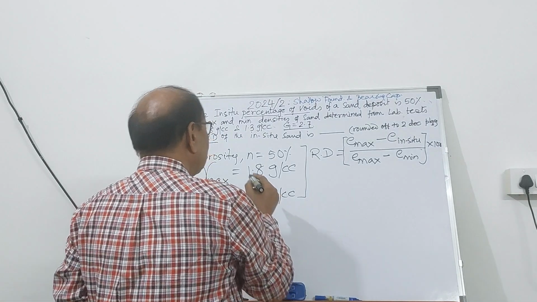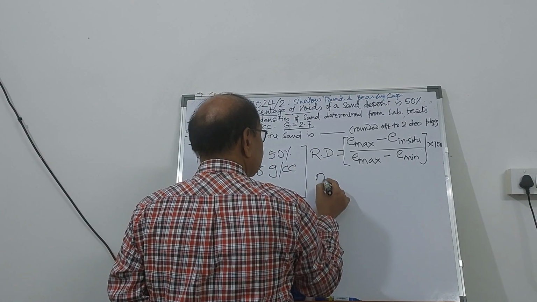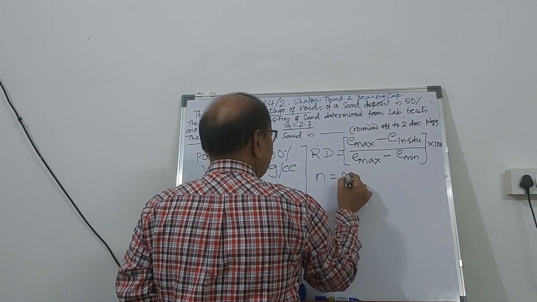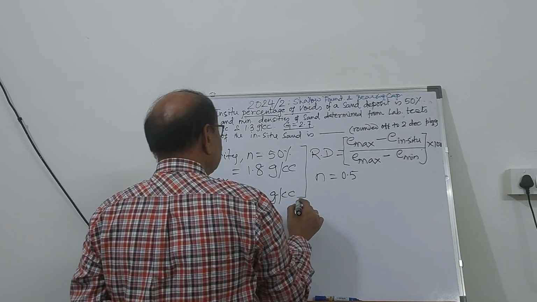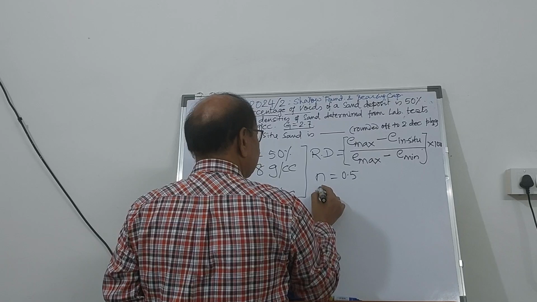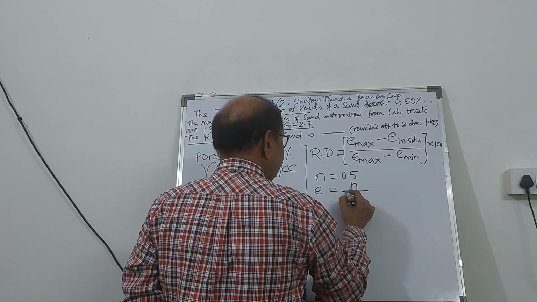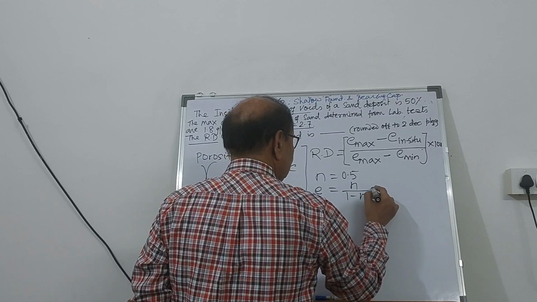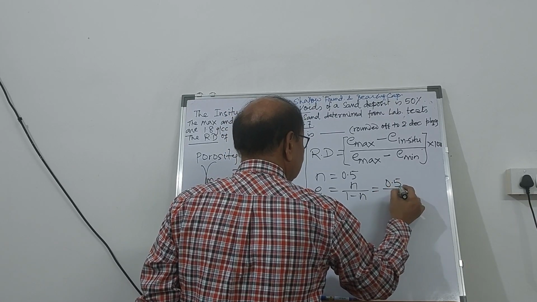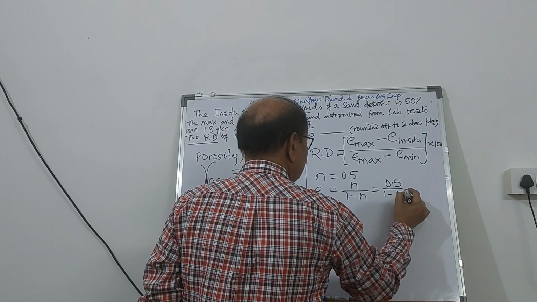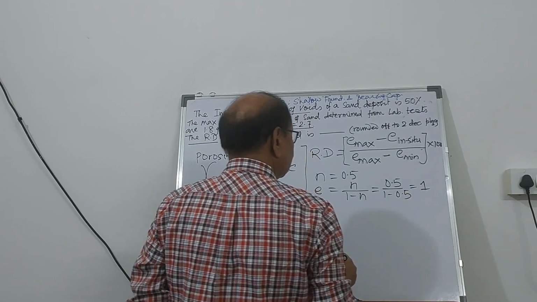Now, having got the value of n equal to 0.5, 50%, we can find out the void ratio e as n divided by 1 minus n. If you calculate it, it is 0.5 divided by 1 minus 0.5, that is going to be 1.